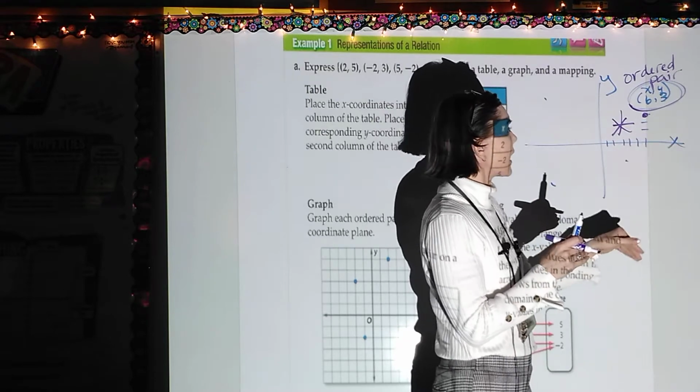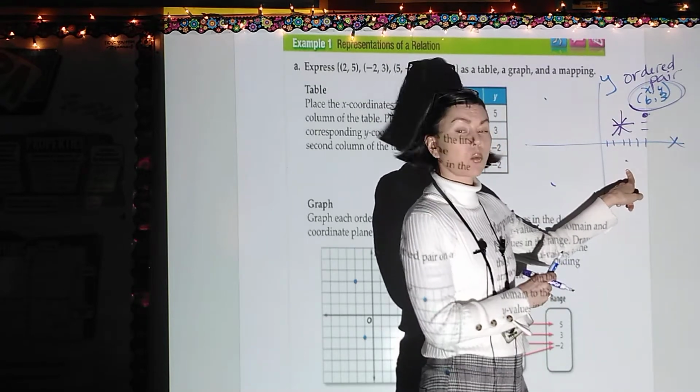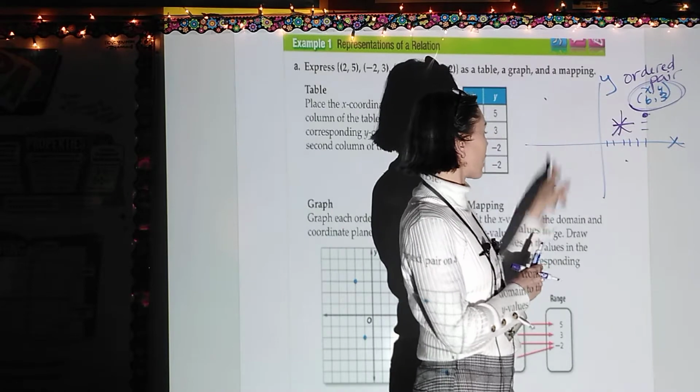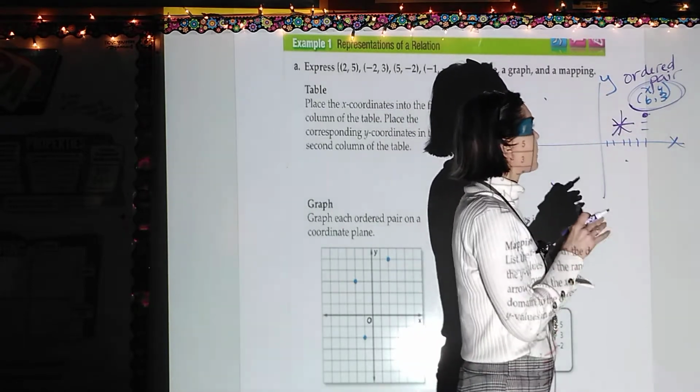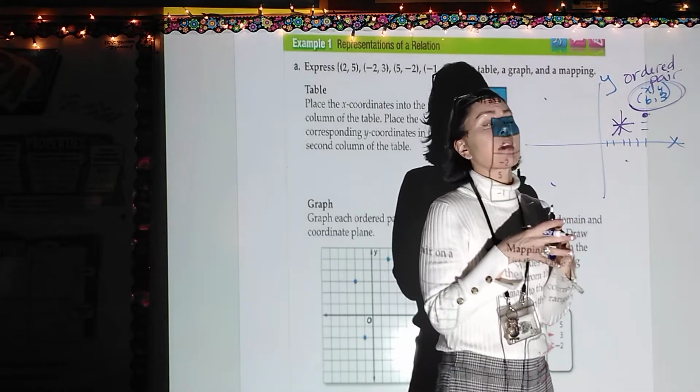So what if I identified the x and y value of all 4 of these points and I just put them in a list? That would be what we call a relation.